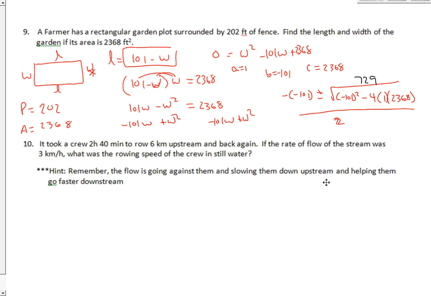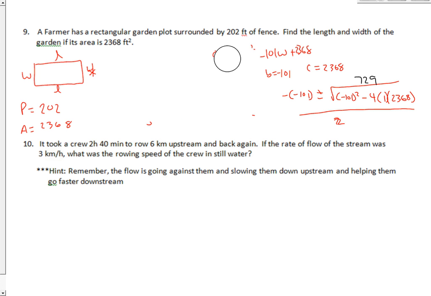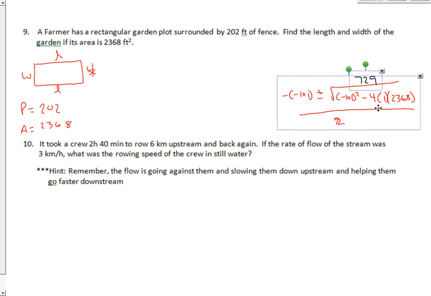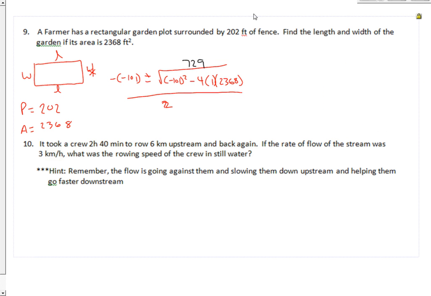So I'm going to have 101 plus or minus 27, because the square root of 729 is 27, over 2.